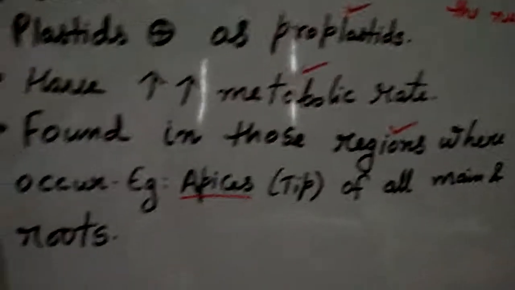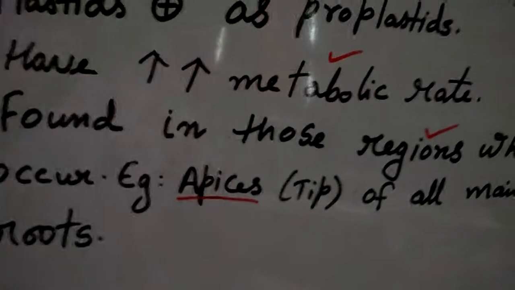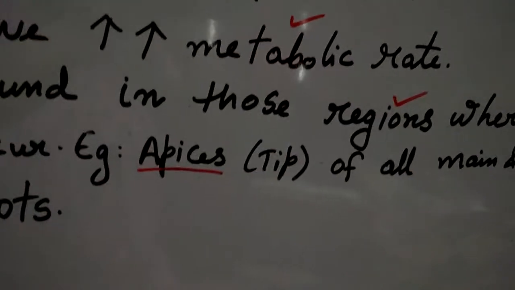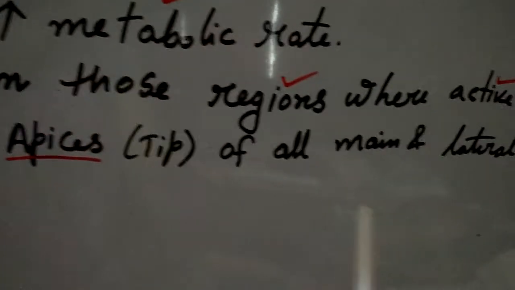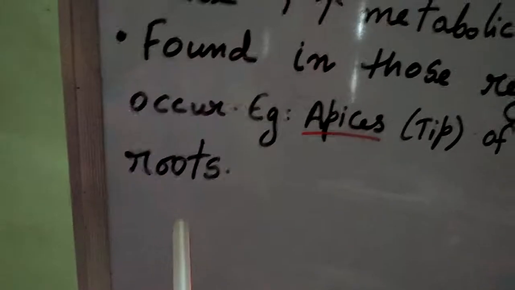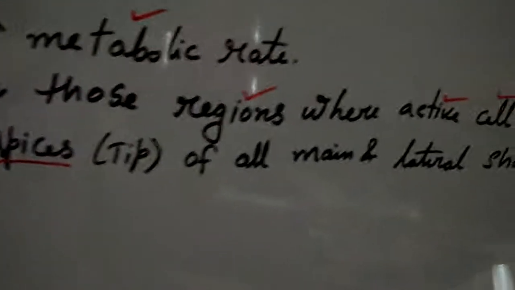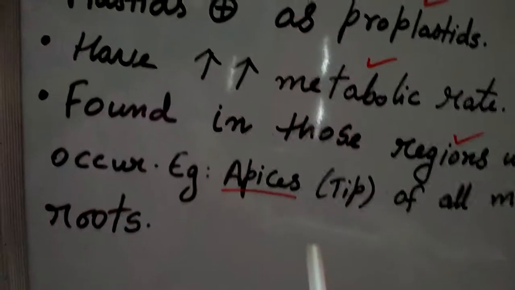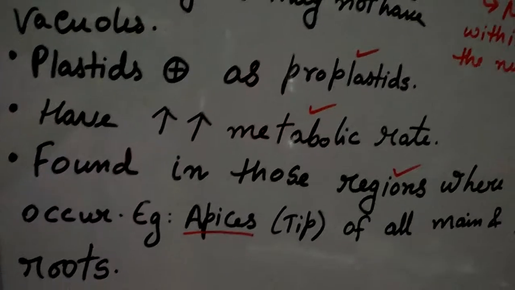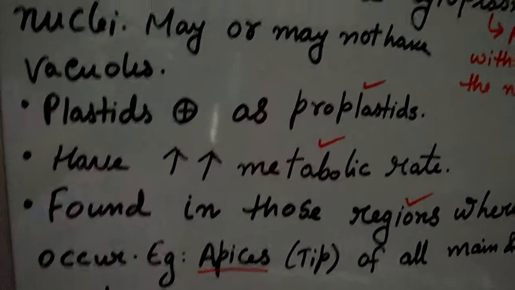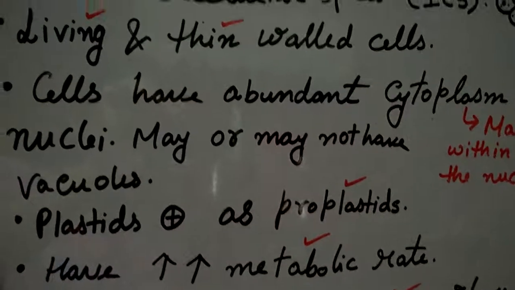For example, I have written some specific regions here, like apices or tips of all main and lateral shoots and roots. So the tips of all the main and lateral shoots and roots have meristematic tissue or meristem, showing high metabolic rate, growth and division.